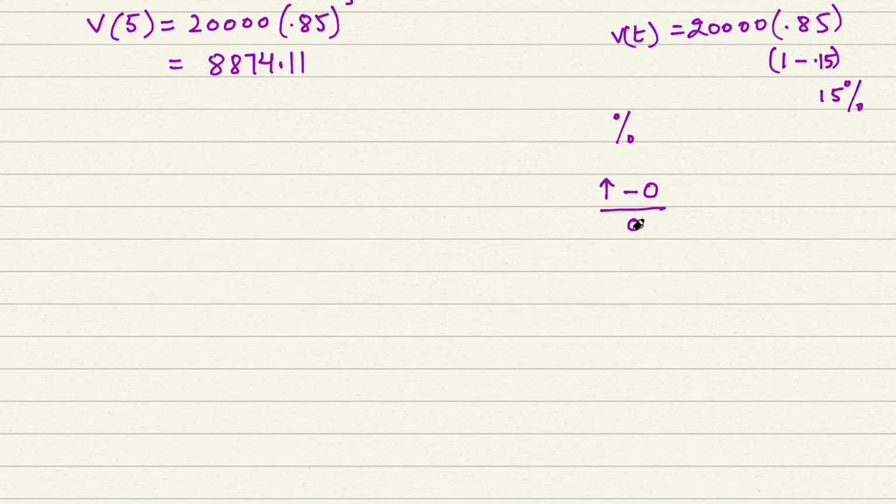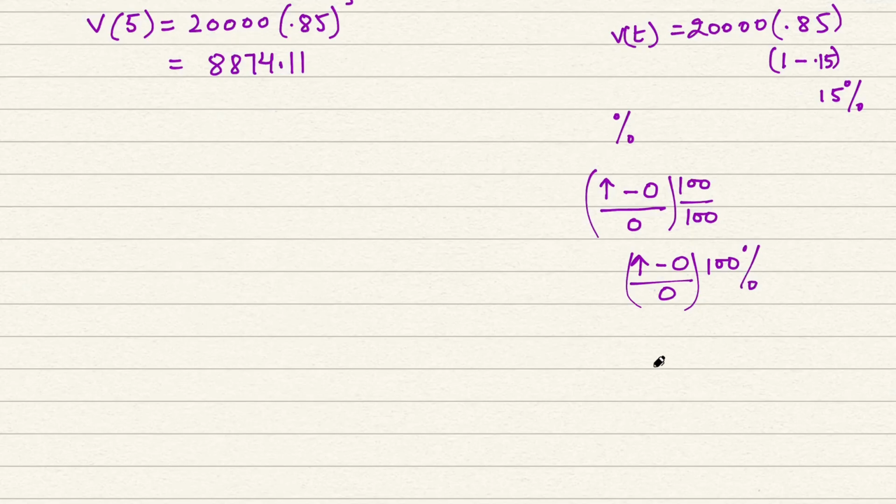Remember, it's increase or decrease. Original value is always the denominator, and then multiply it with 100 and divide it by 100. So this denominator 100 becomes the percentage, increase minus original value over original value times 100%. So this is how we calculate the percentage, right?